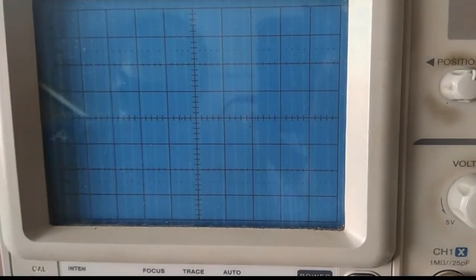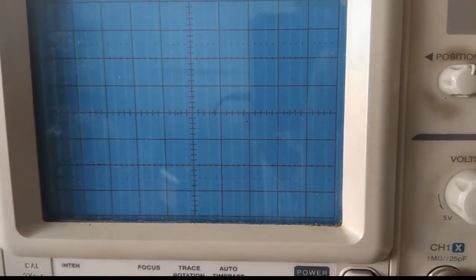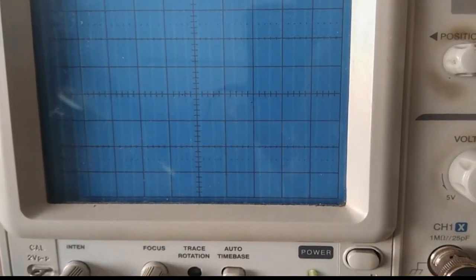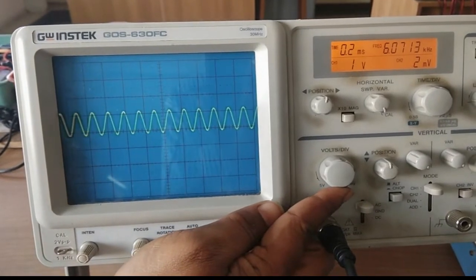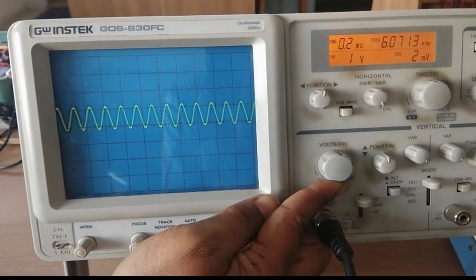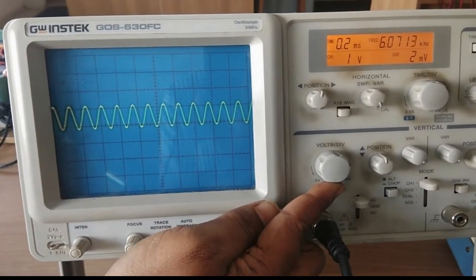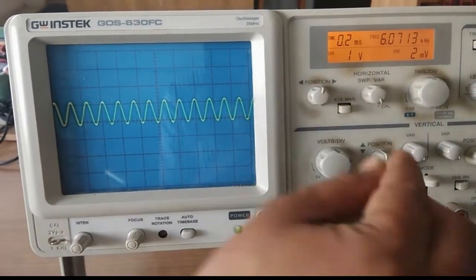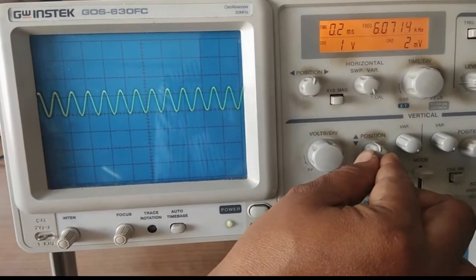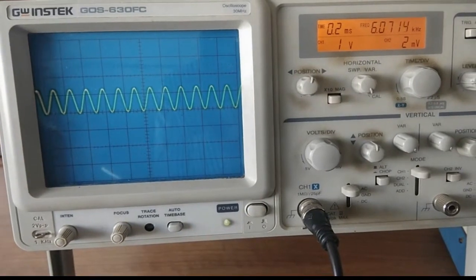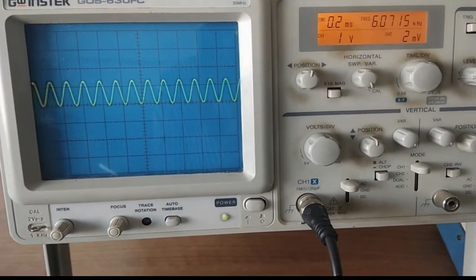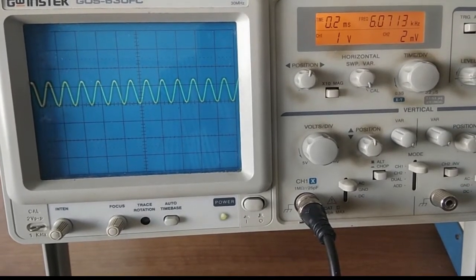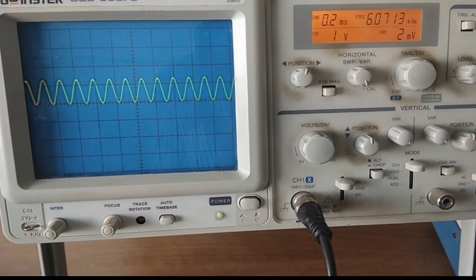You are thinking the waveform has not come, but you can observe here, I am shifting this to 1 volt. Could you notice the waveform was amplified? That is why we were not seeing it properly. I am using the position knob to adjust this. So this shows that my circuit is working properly. Now it is ready to take the readings.